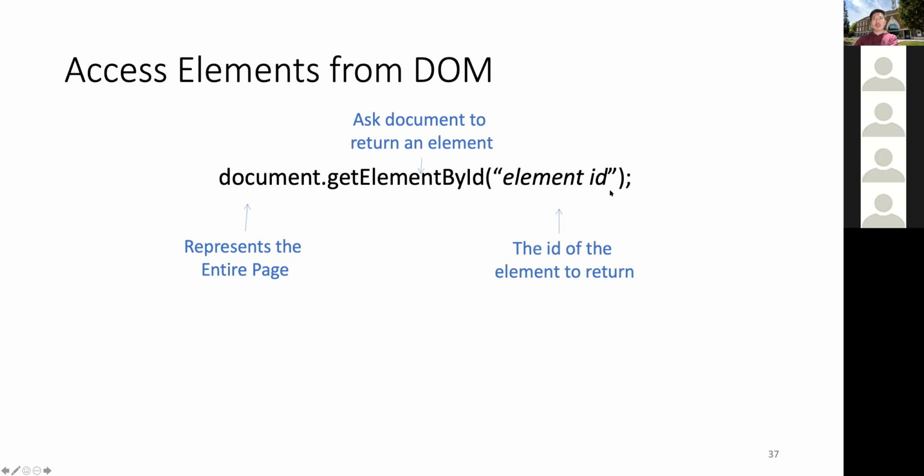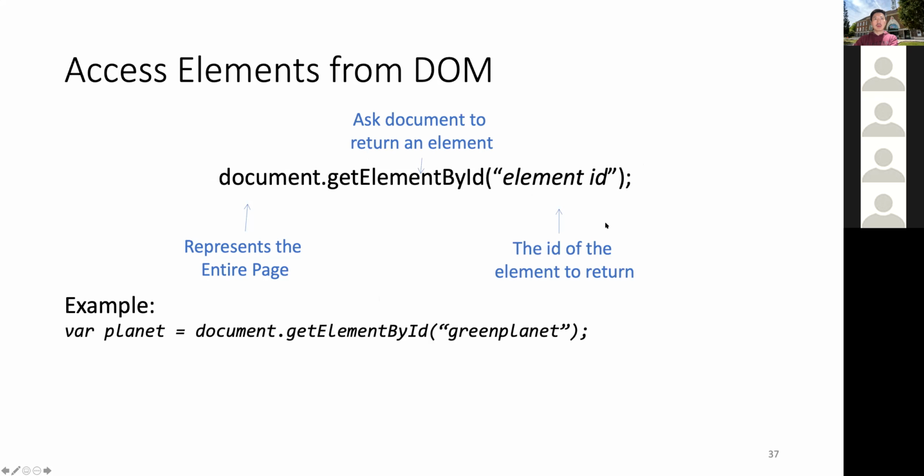Finally, this will be the ID that you defined. If the ID matches any element on the page, that element will be returned. And once you get an element, you can use it to do something. So you can say var planet, a variable called planet, equal to document.getElementById green planet. So this needs to be some kind of ID.